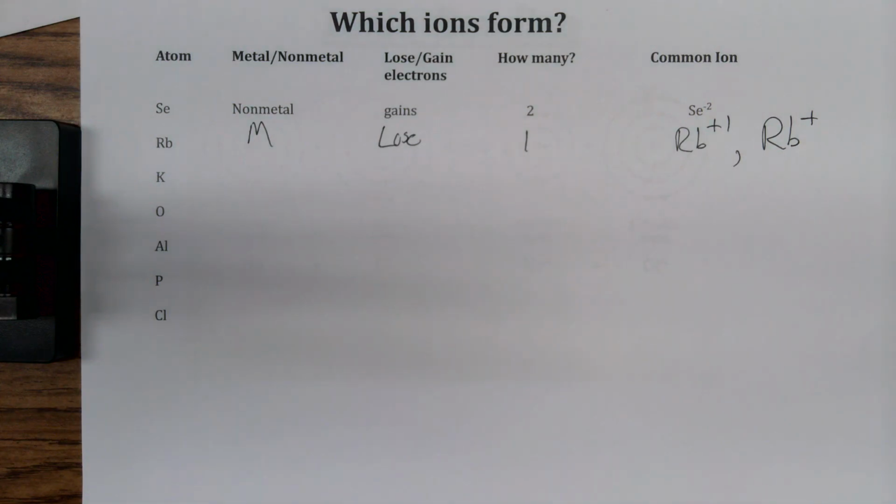But I want you to go ahead and work through the rest of them on your table in your book. And what we'll do is we'll come back, we'll check everybody's work at the end, and we'll move on to writing our formulas for our ionic compounds.